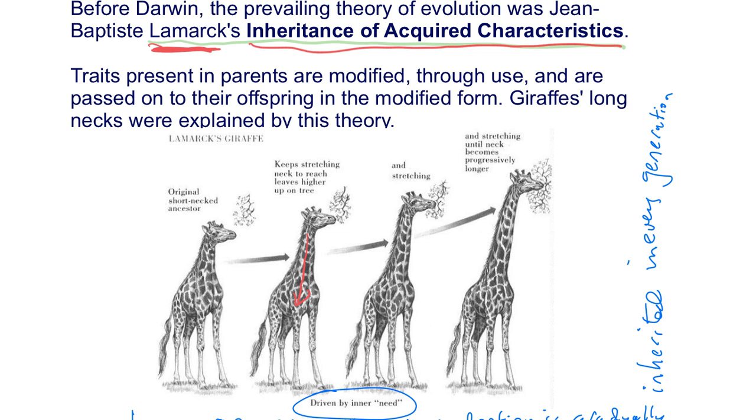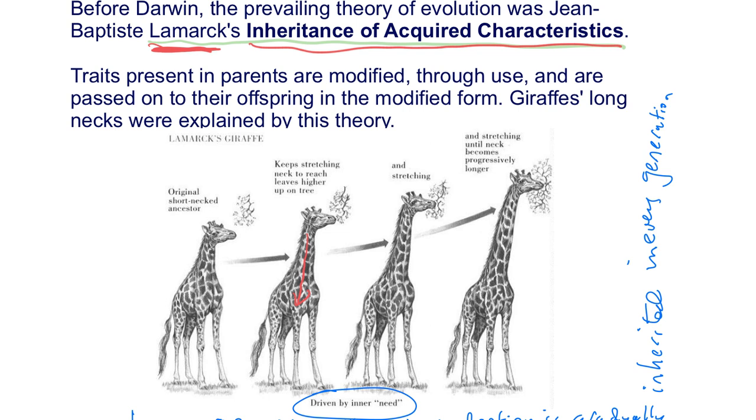And it gave that sperm or egg an advantage, so that when that egg or sperm was fertilized by another giraffe's egg or sperm, it became an individual with a slightly longer neck.